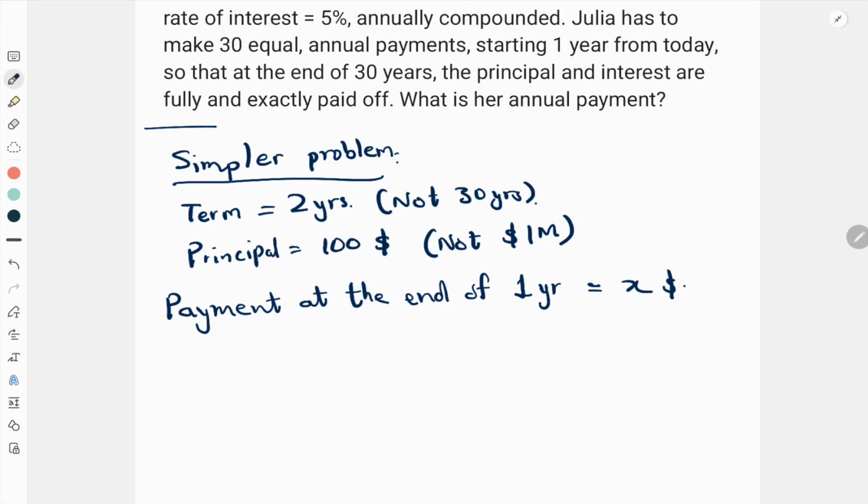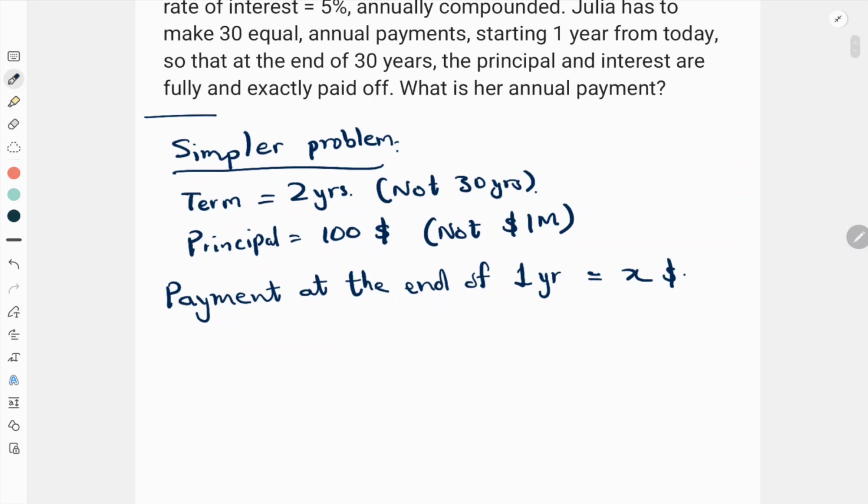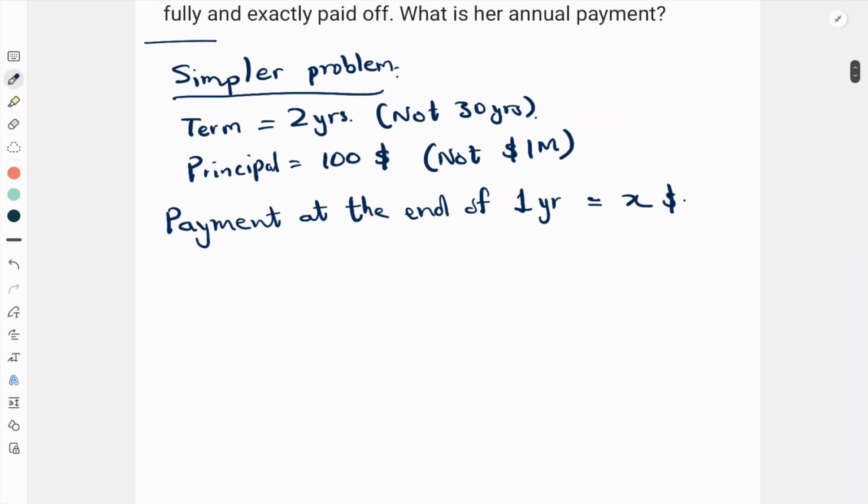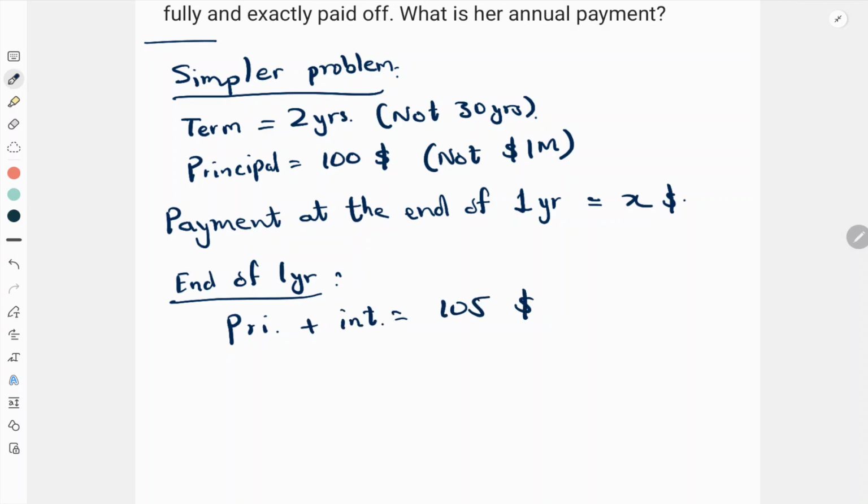I'm also going to draw a cash flow diagram, but we'll come to that. Let's first start from first principles. So let's see what happens at the end of 1 year. My principal has grown. So principal plus interest is equal to $105, because 5% interest rate, and it has grown for 1 year.